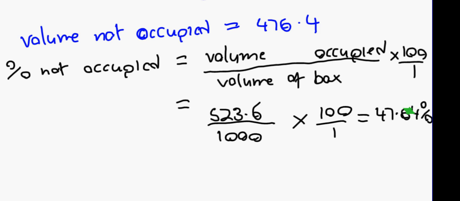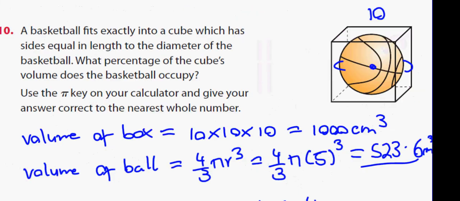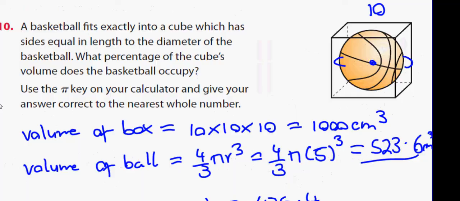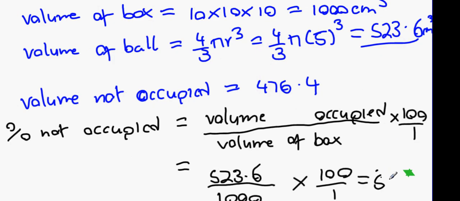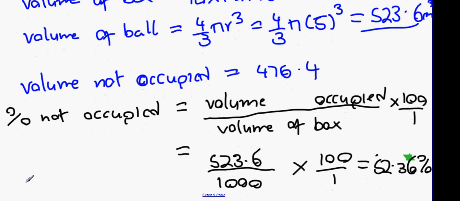And when I multiply that by 100 over 1, I'm going to get 52.36 percent. Sorry guys, 52.36%.